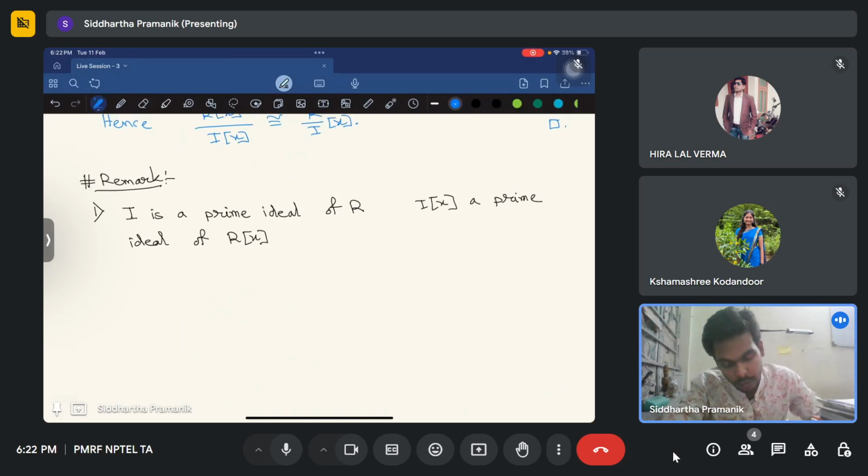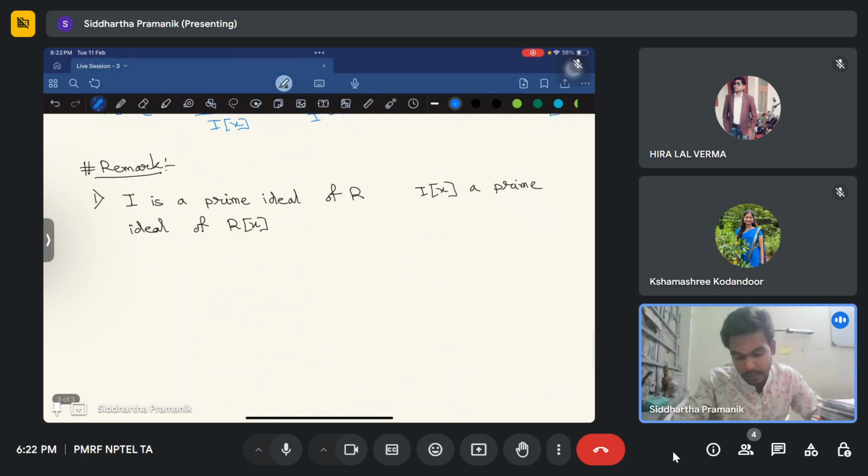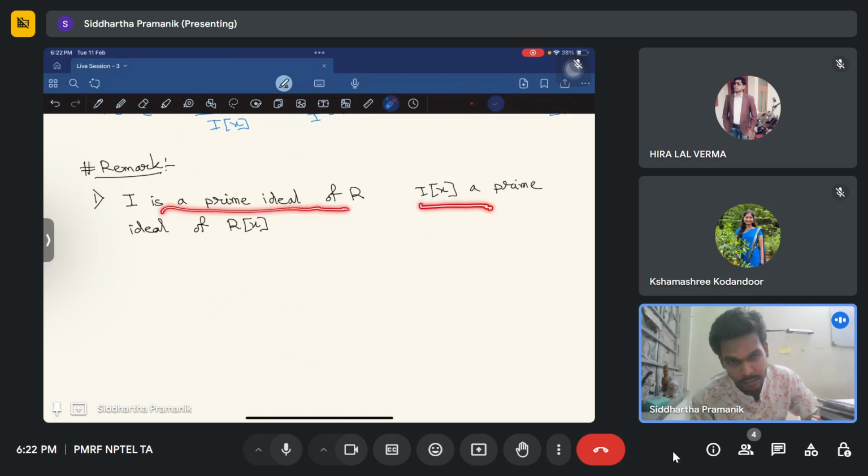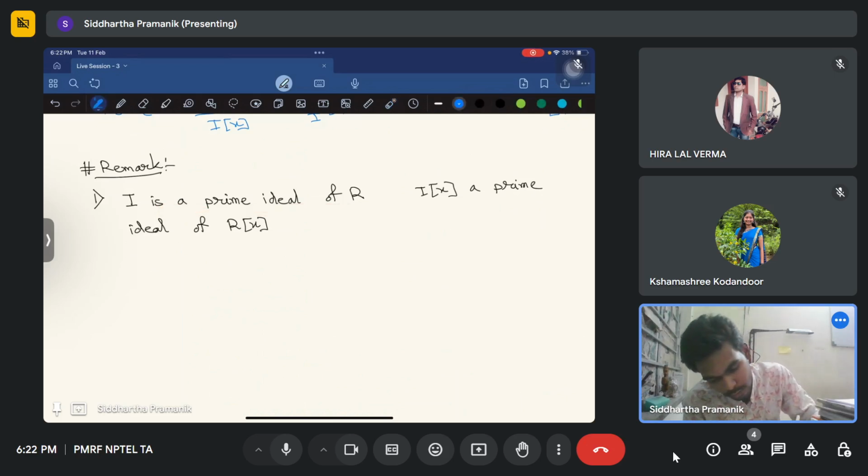Okay, so the answer is: I is a prime ideal of R implies Ix is a prime ideal of Rx. In fact, this is if and only if. I is a prime ideal of R if and only if Ix is a prime ideal of Rx.